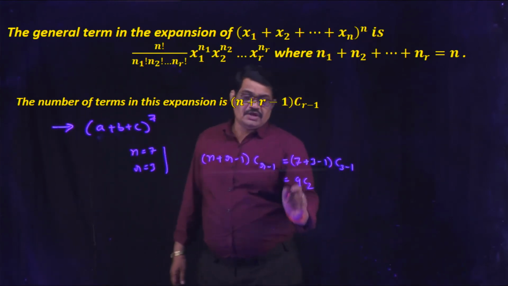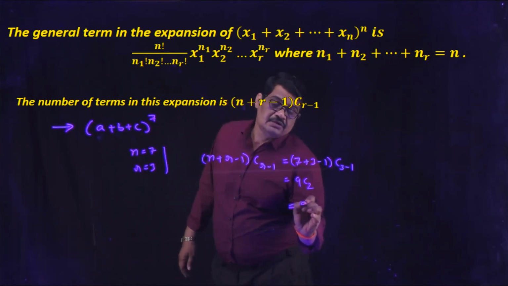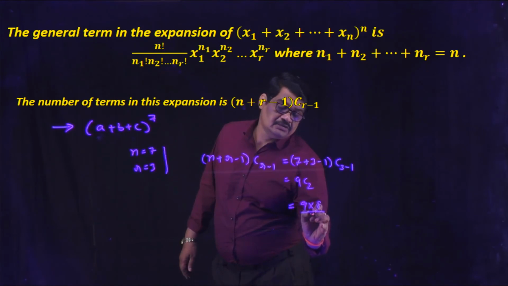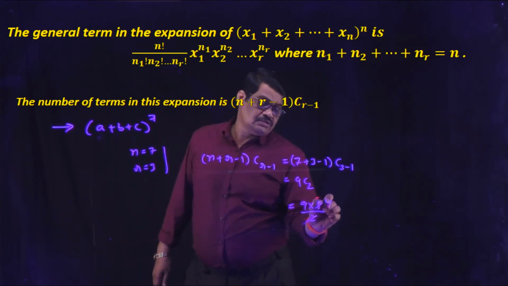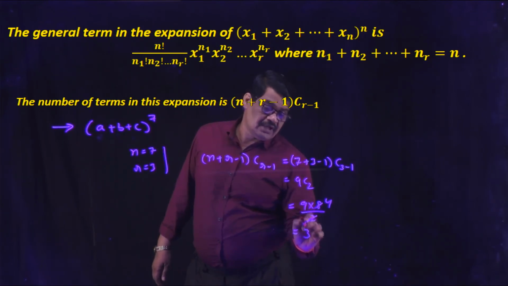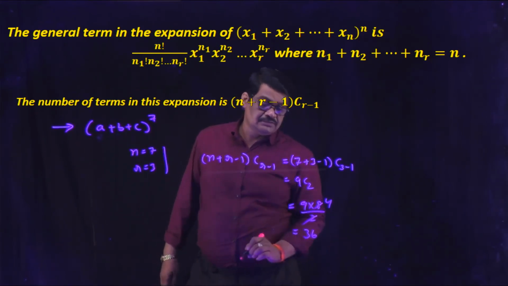Okay, what is 9C2? The value is 9 into 8 by 2 factorial. So that is 2 4s are 8, 9C2 is 36.